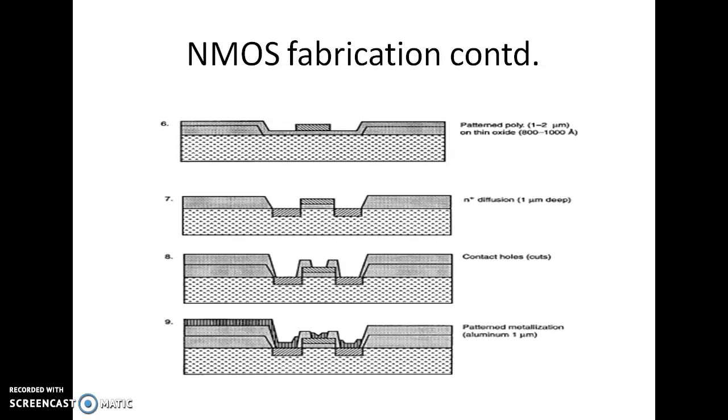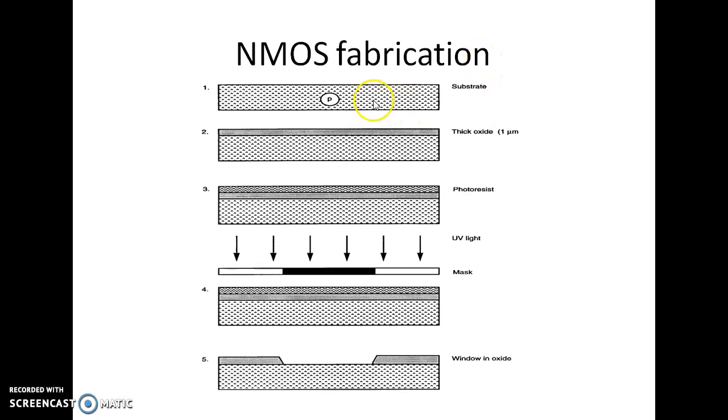So let me summarize the process. So processing takes place in a field doped silicon crystal wafer on which a thick layer of silicon dioxide is grown.